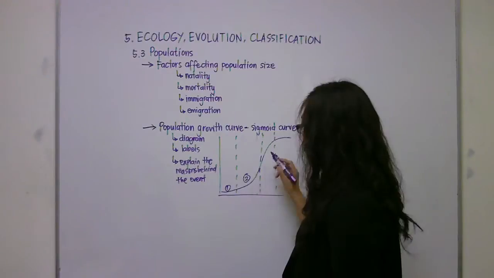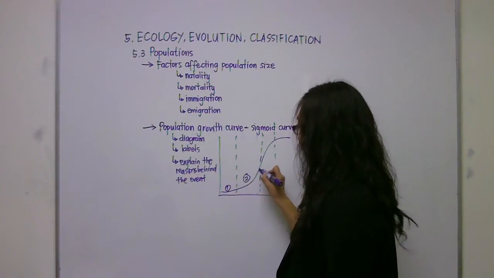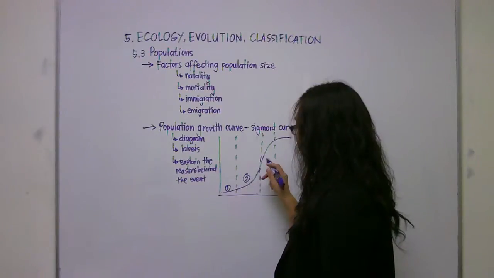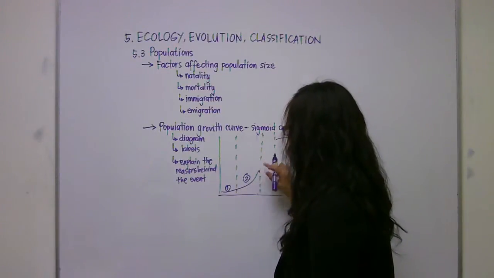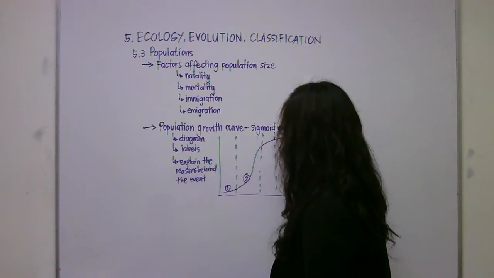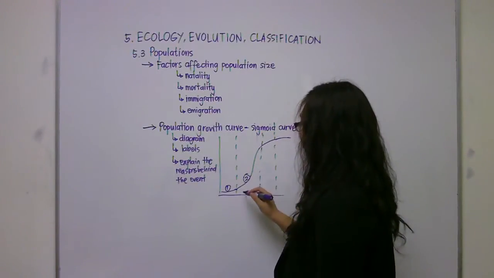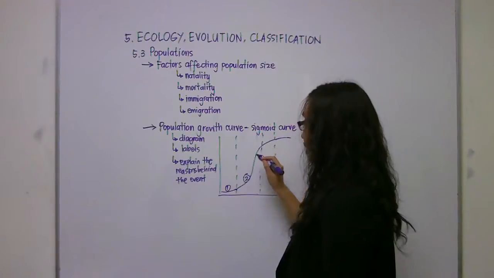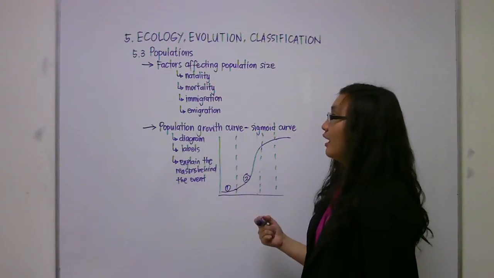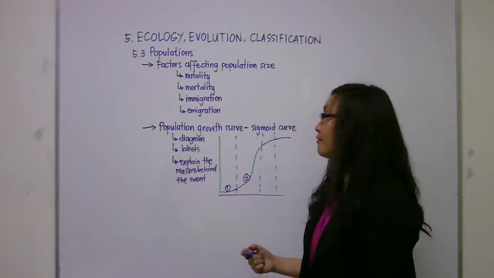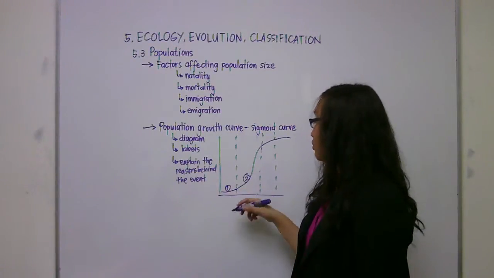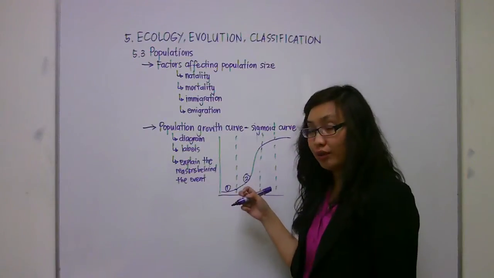For example, in the second area, we have to label this as the exponential growth curve. Usually in the exponential growth curve, there is a rapid increase in the population because of certain conditions, such as increased natality rate and increased immigration rate, all of which contribute to the increase in the population.